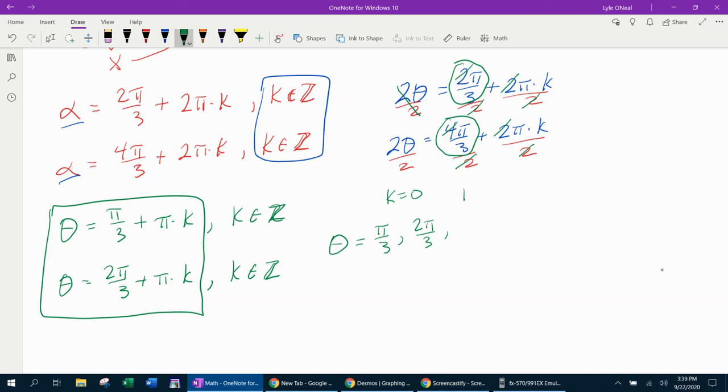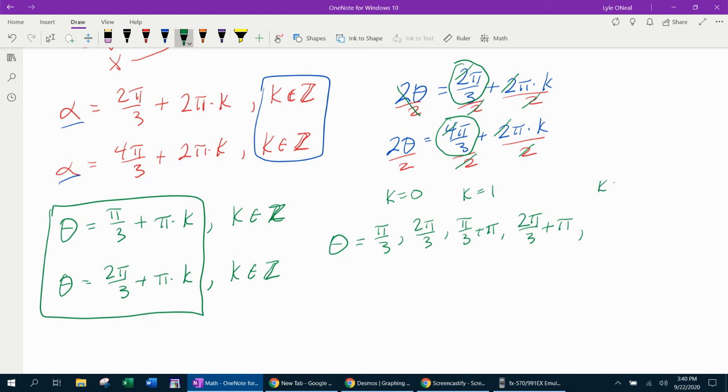And then we're going to do, okay, what happens if k is 1? Then we're going to have 1 times pi, which is pi, which will be pi over 3 plus pi. For the second solution, that's going to be 2 pi over 3 plus pi.